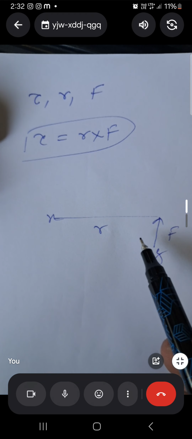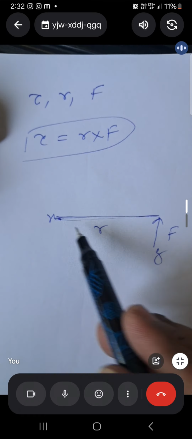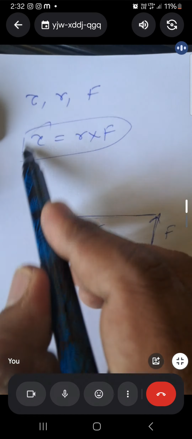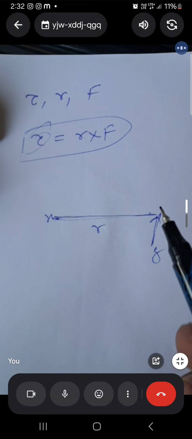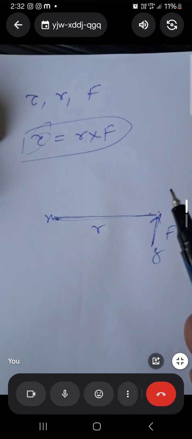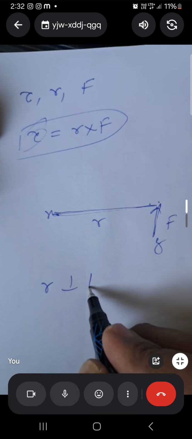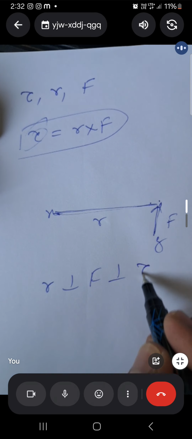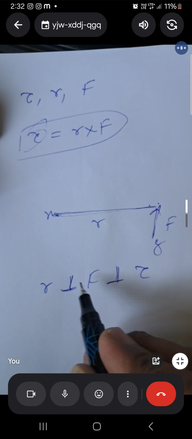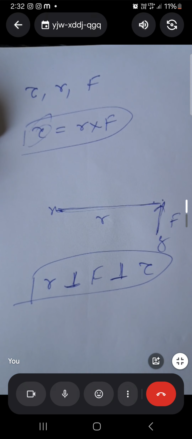The position vector is along x, force is along y, and torque is along z, out of the plane. You understood, right? So r, f, and tau are perpendicular to each other.